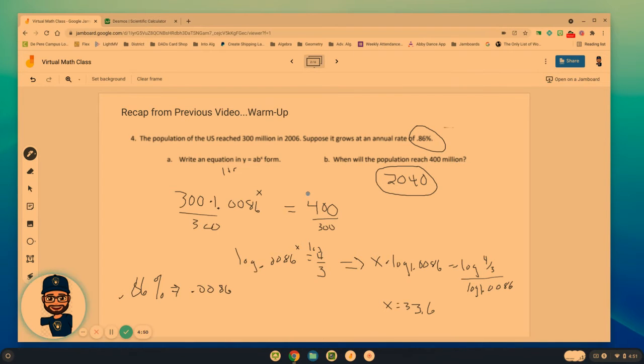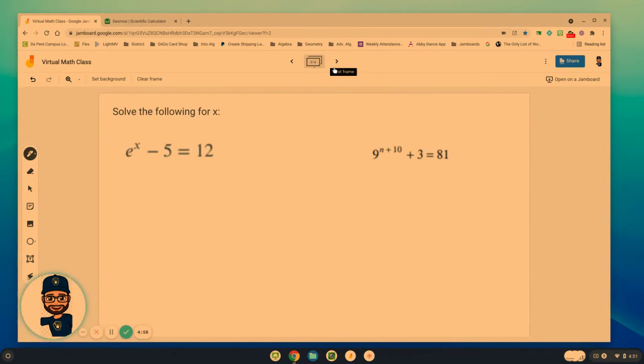All right, now the main part from this is trying to remember that we're using log whenever we have x as the exponent. So here's a couple of extension problems from yesterday, similar to what we did, but with some additional steps. Whenever you see the exponent value, we have to isolate that part before we can take the log of both sides.